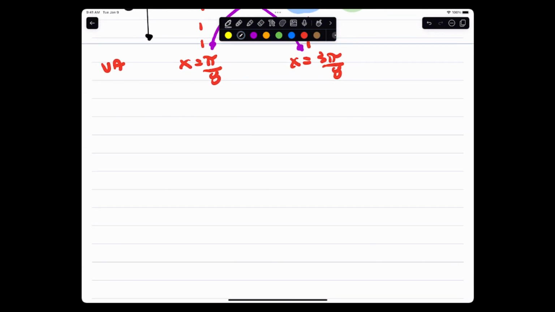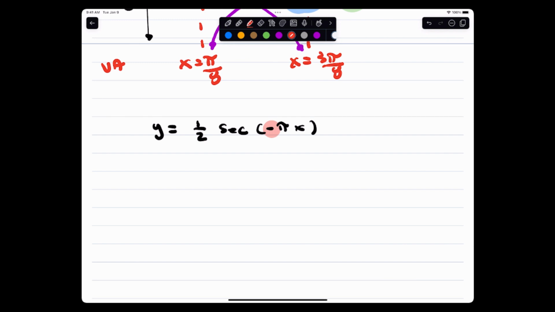Okay, what if they give you y equals 1/2 secant negative pi x? And they want you to do the same. I would say remember this about secant first, right?